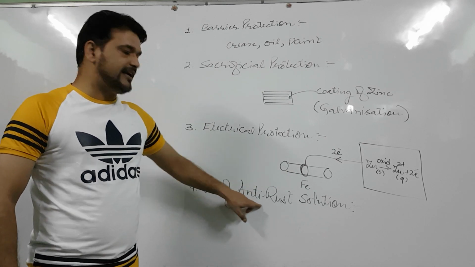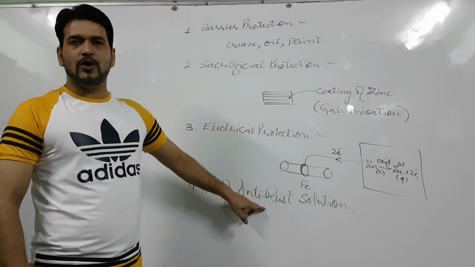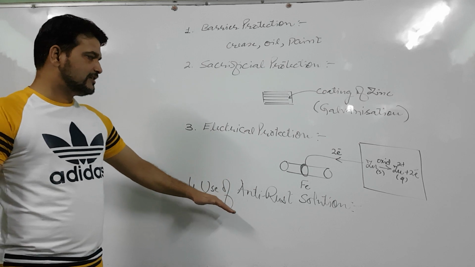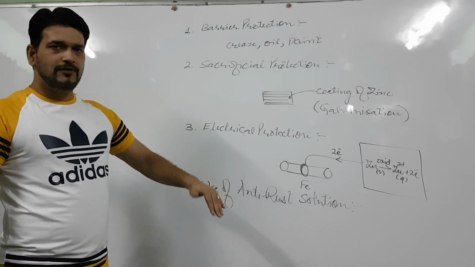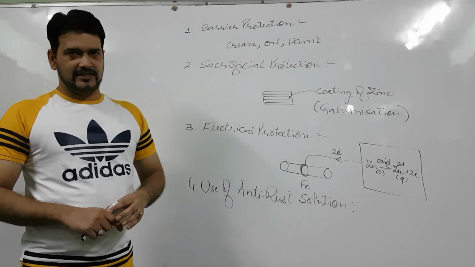That's why they are called anti-rust solutions. They are against the possibility of rust. Such solutions are used as a coating material for iron objects and they prevent iron from rusting.